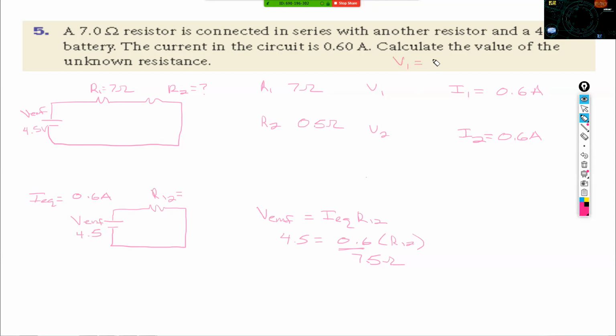So V1, I1, R1, and find the missing voltage, and then do the same thing for 2. And you should find 4.2 volts here and 0.3 volts here. And again, they should add up to your battery voltage, which they do. All right. So that's a real nice problem there. Just another missing piece to the puzzle, applying everything.